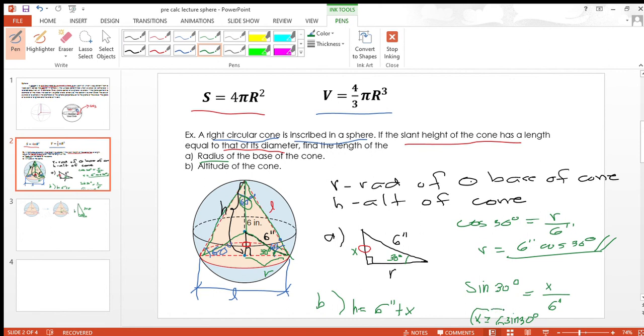So if you can compute now the value of x here, just inject the value for this, then that's it for the value of H.